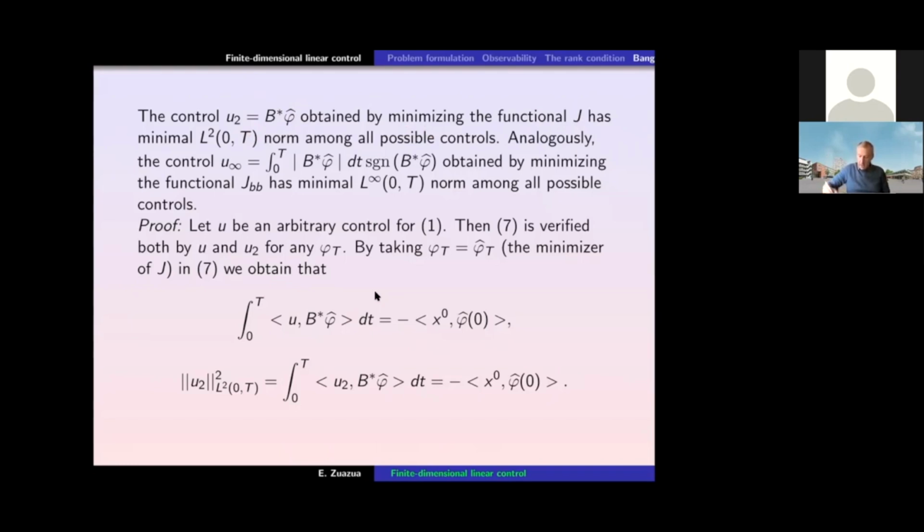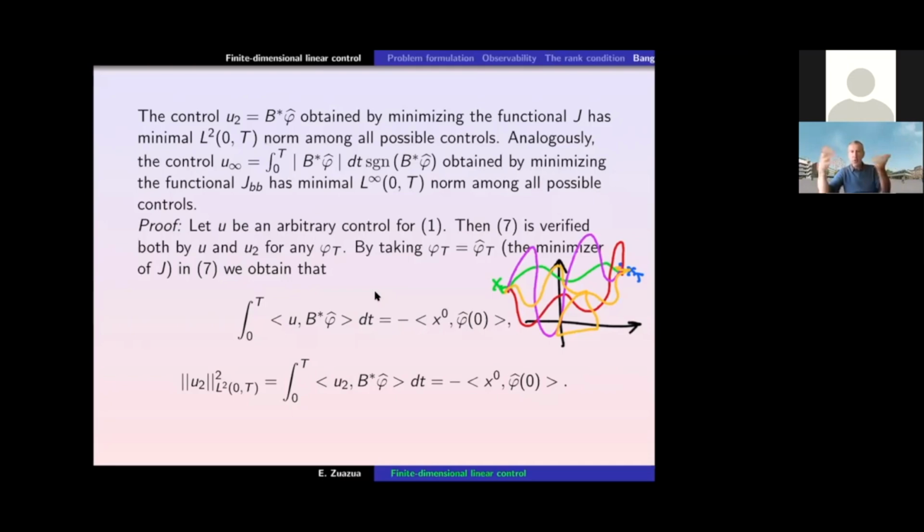Because in practical applications, of course, you want to go from x0 to xT, and there are many ways to do it, right? Now that you know that the system is controllable, you know there are many ways of controlling the system from one initial datum to one final destination.